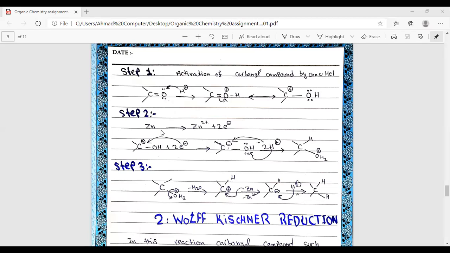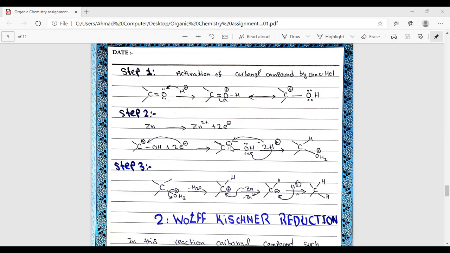In the second step, zinc reacts and forms Zn2 plus and 2 electrons. These 2 electrons react on the carbocation, and we form this structure.